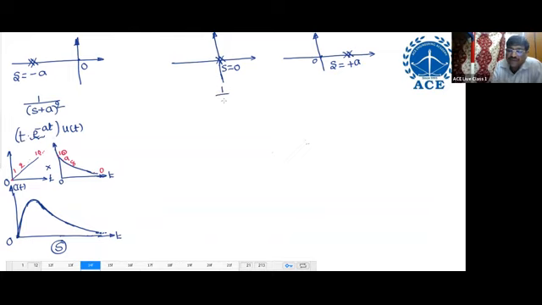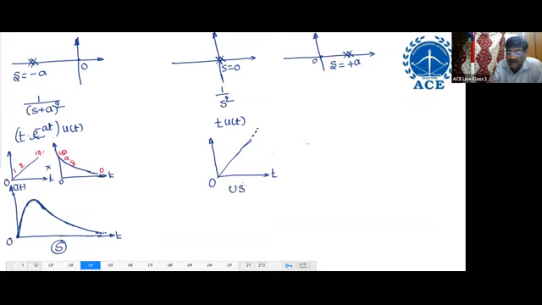Next, imaginary axis. 1 by s square gives t u of t, a ramp signal. Is the system unstable? Yes. Unbounded: at t equal to infinity it becomes infinity.